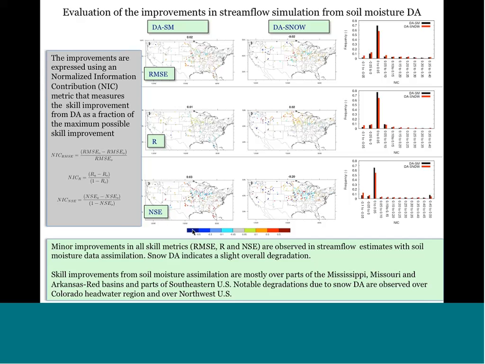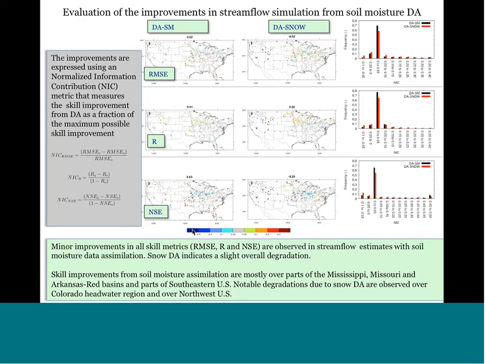And what's interesting is that the Canadian model tends to be biased low against the GHCN data, and SNODAS tends to be biased high. And so when you compare to both of those, you do show some improvement, but it's hard to know whether it's really better. So we chose to do some evaluations against a completely independent variable, which is streamflow. And so that's what this one figure is showing.